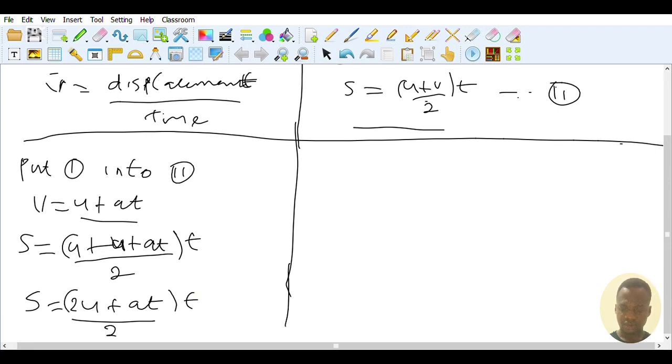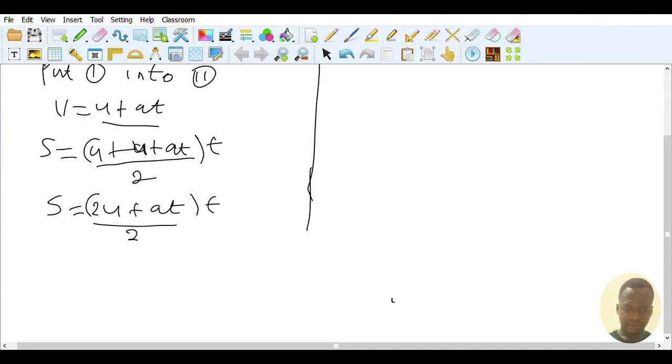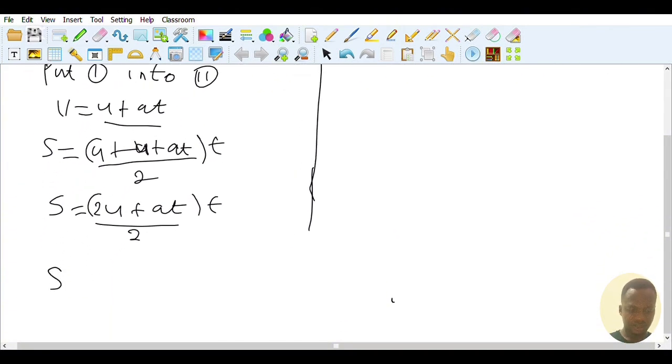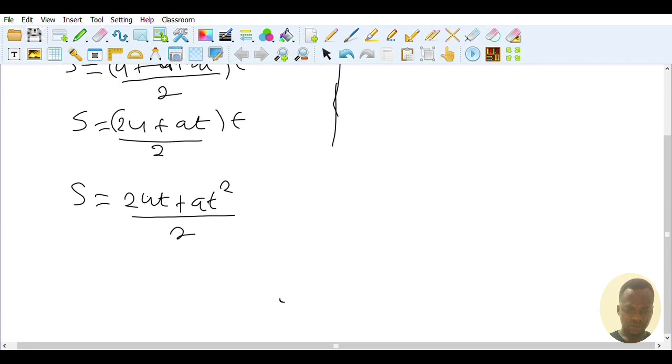Okay, so S is equal to, let's open up the bracket, 2UT plus AT squared, everything divided by 2. So S is equal to 2UT all over 2 plus AT squared over 2.